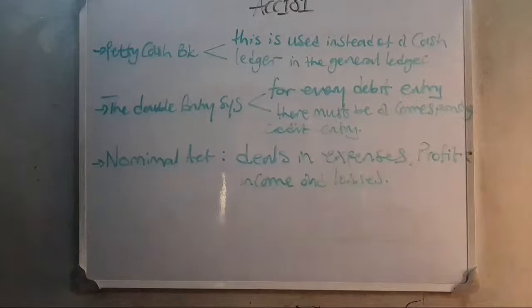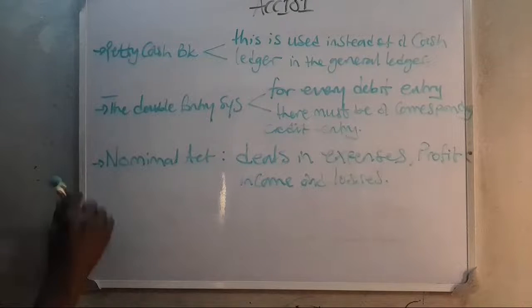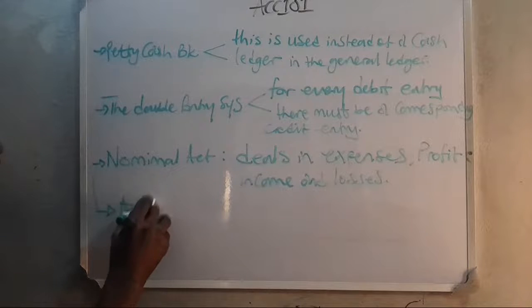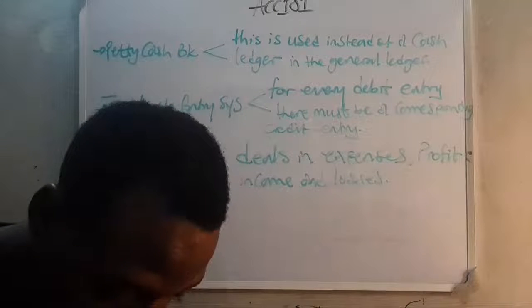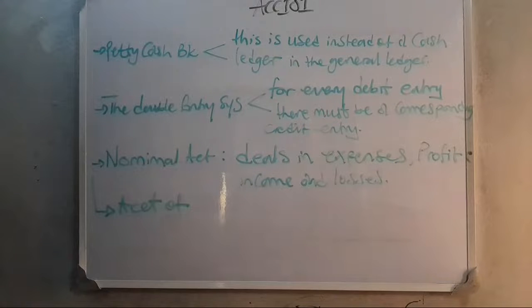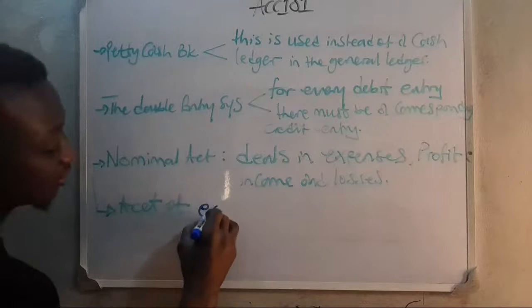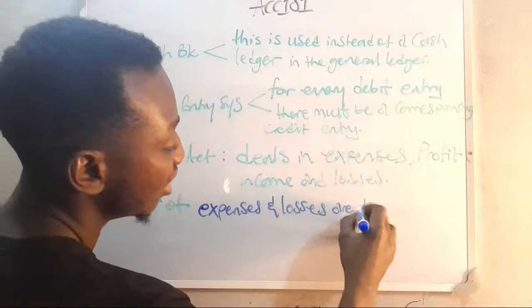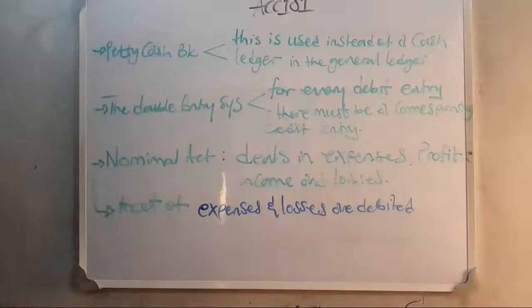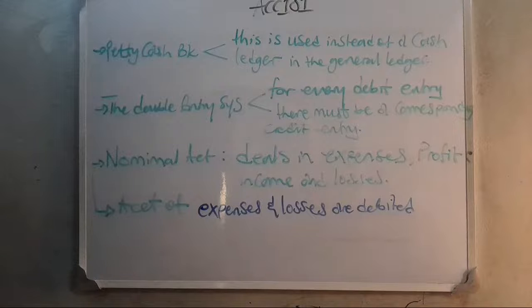Now, please note that in the nominal account, accounts of expenses and losses are debited, while accounts of income and gains are credited.